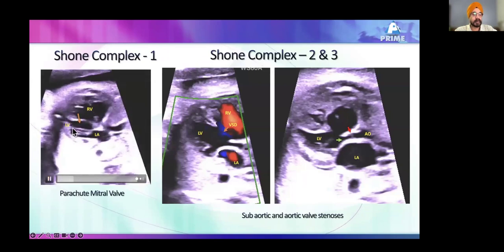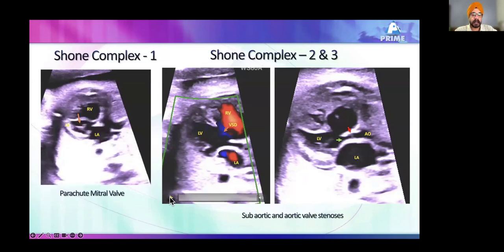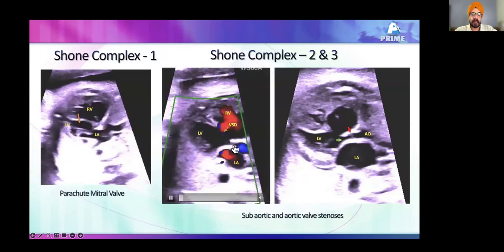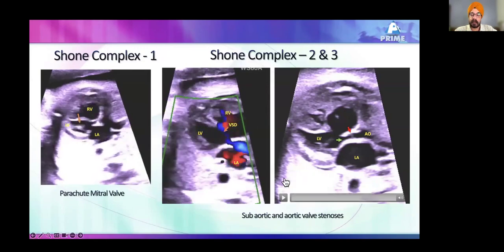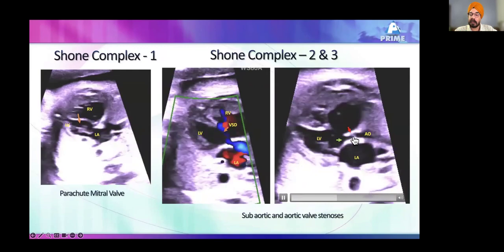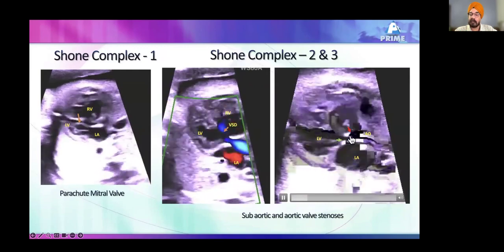I'm showing you this. This is the parachute mitral valve, and then you see this is an aorta, where there is a subaortic tunnel. This is a small aorta. The aortic valve is hypoplastic, and the LVOT is also small.